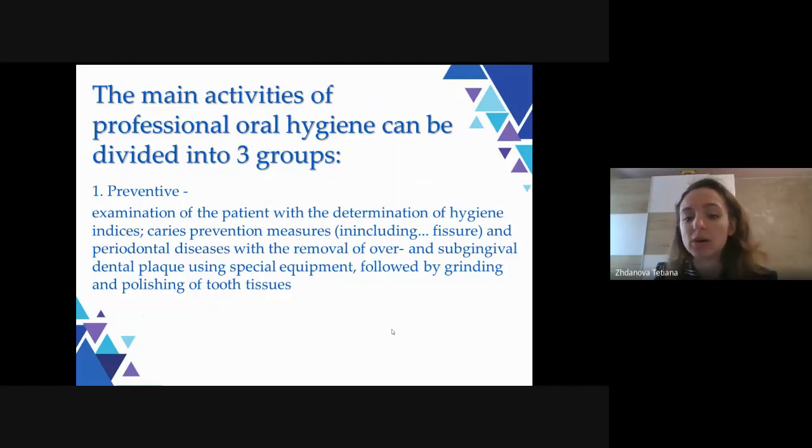For example, cleaning the teeth, fissure sealing, hermetization, sealing our teeth. And periodontal disease prevention with the removal of supra- and subgingival dental plaque using special equipment.